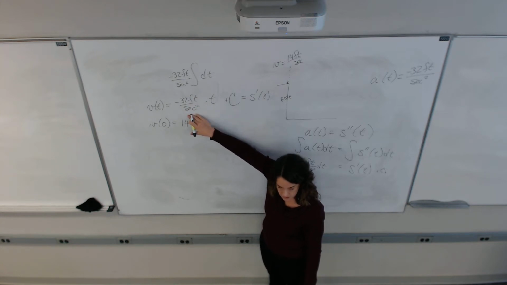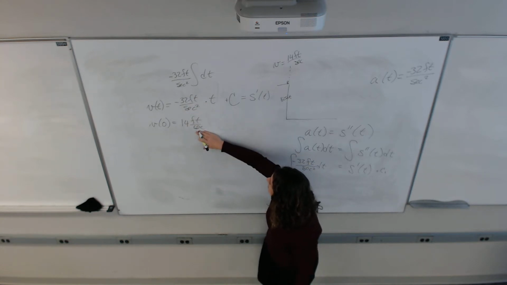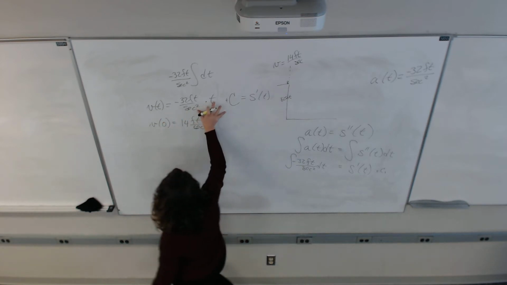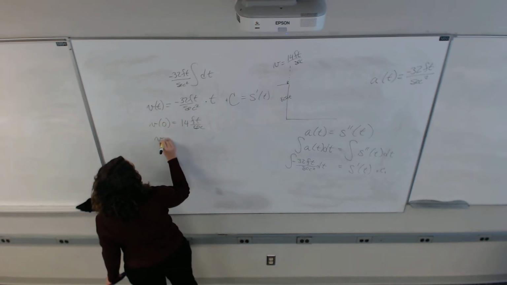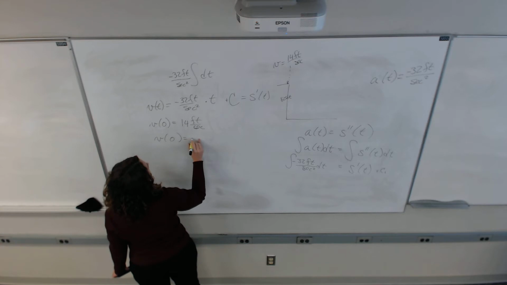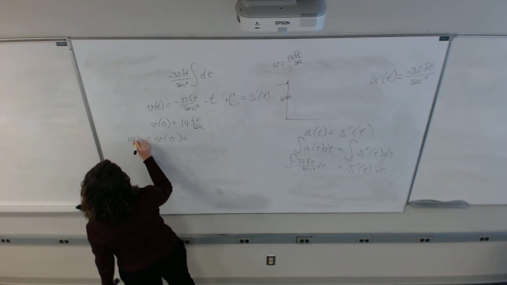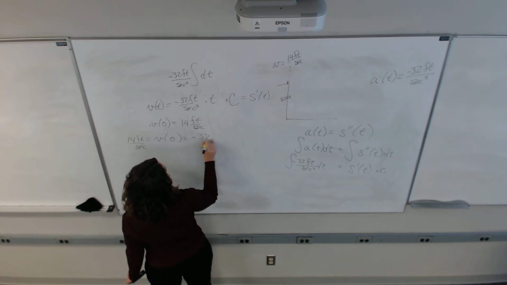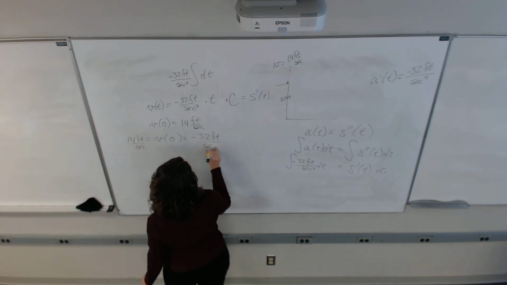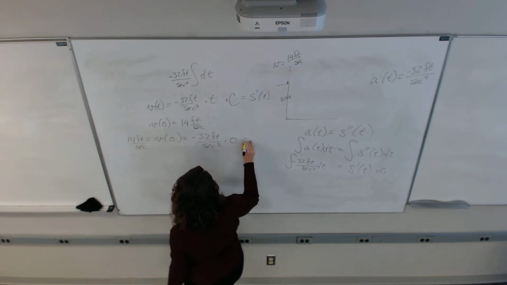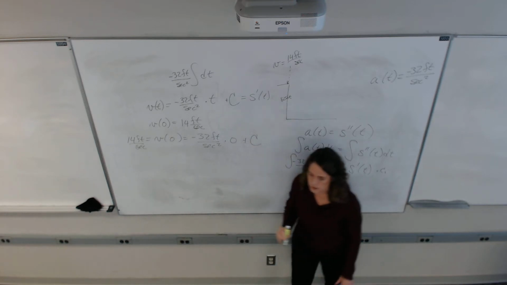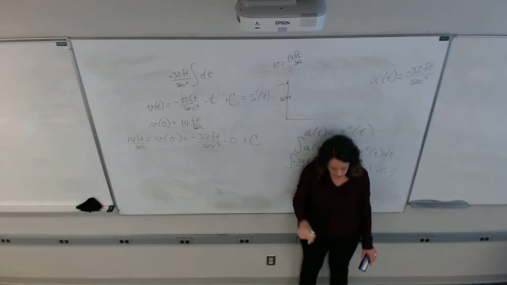That fits. All right, so when I plug this in over here to my formula, v of 0 is 14 feet per second, and it's negative 32 feet per second squared times 0 plus c. Well, what's anything times 0? 0.